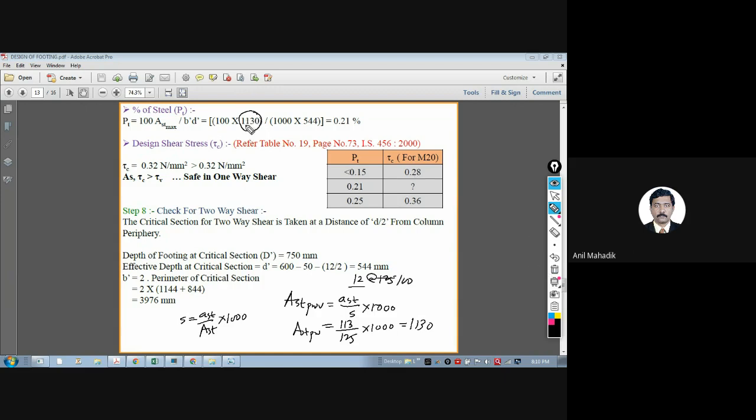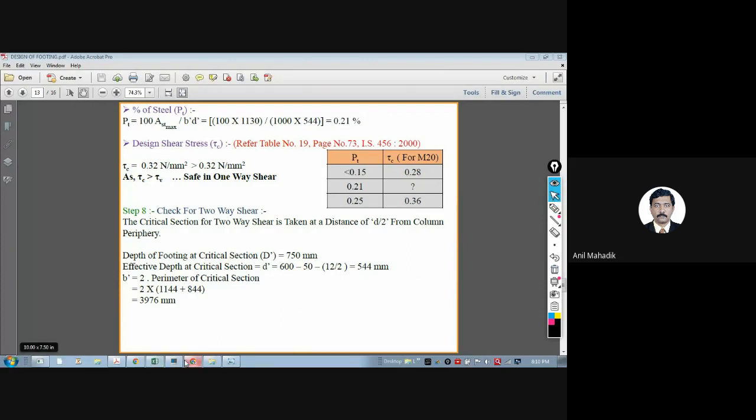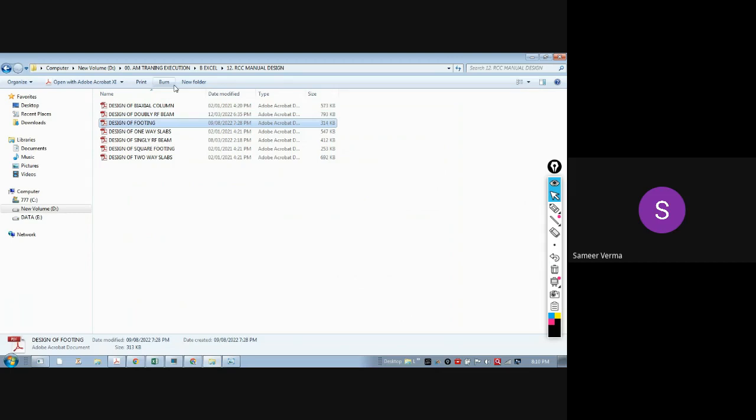So this is provided steel, which is nothing but 12 at 100. So 100 AST upon BD. So this is 0.21%. So in this code, all of you might have seen this 456, you have seen it, right? Yes, sir.